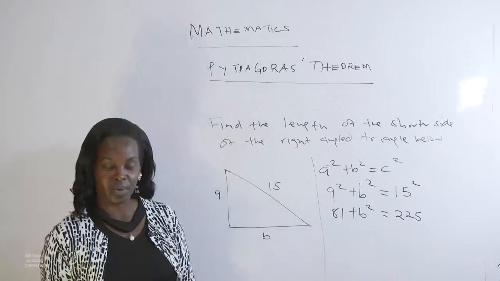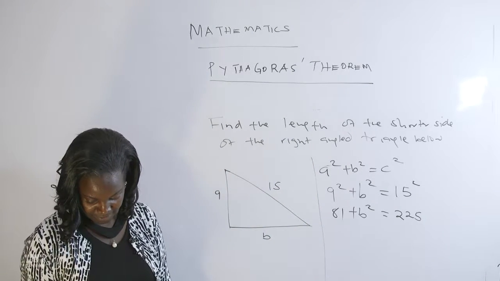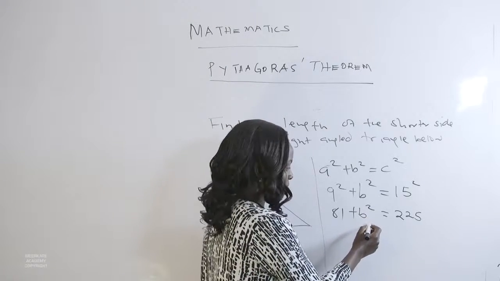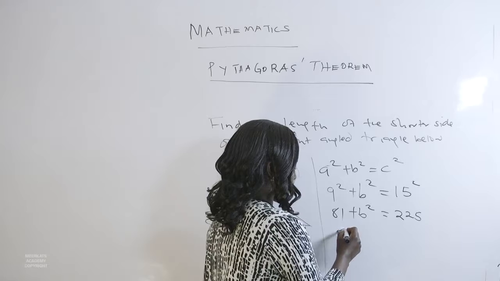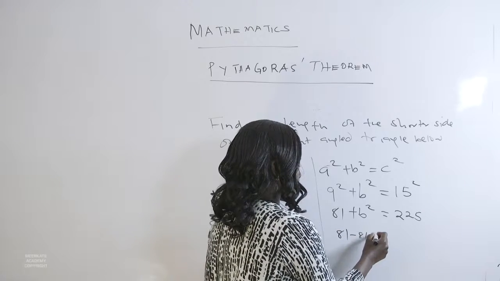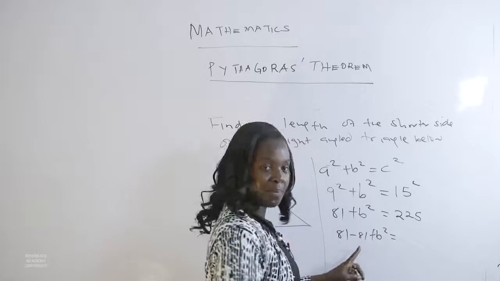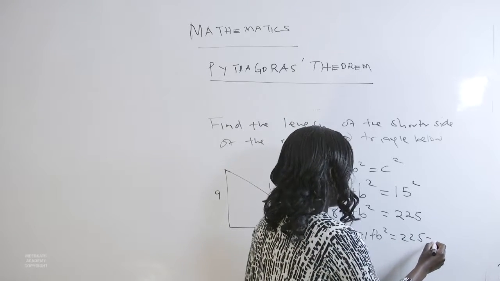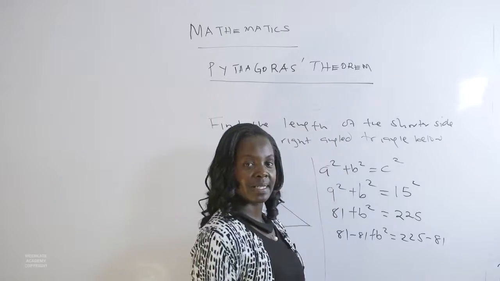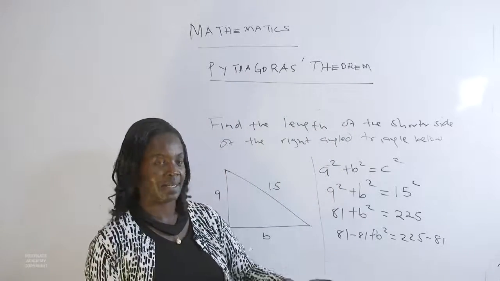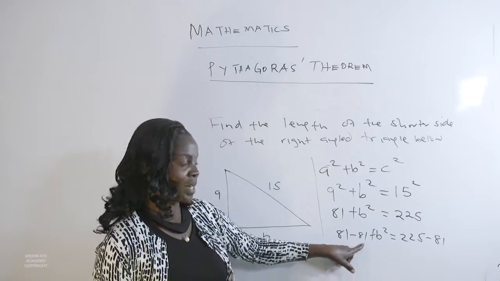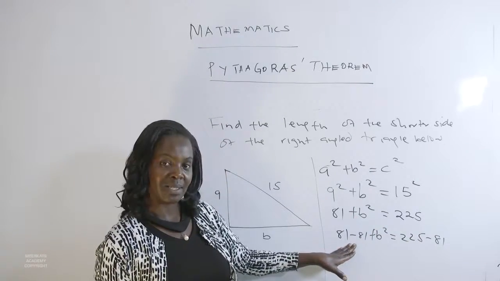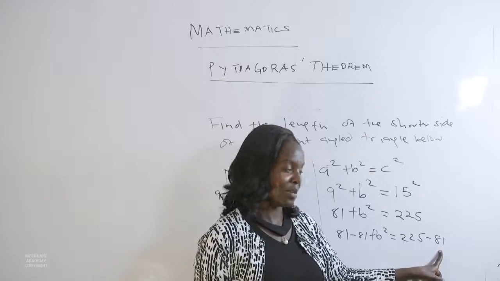Then we put together the like terms so that we remain with B. We subtract 81 from this side and subtract 81 from the other side, since we don't want 81 here, we want to take it to the other side. So we subtract 81 here, we'll also subtract after the equal sign.